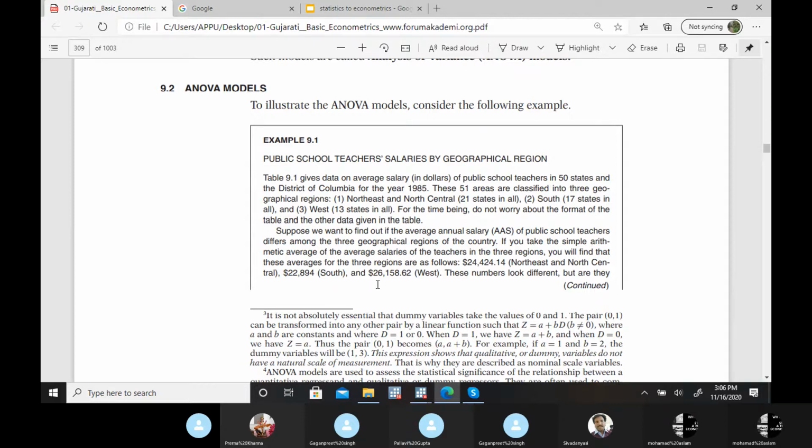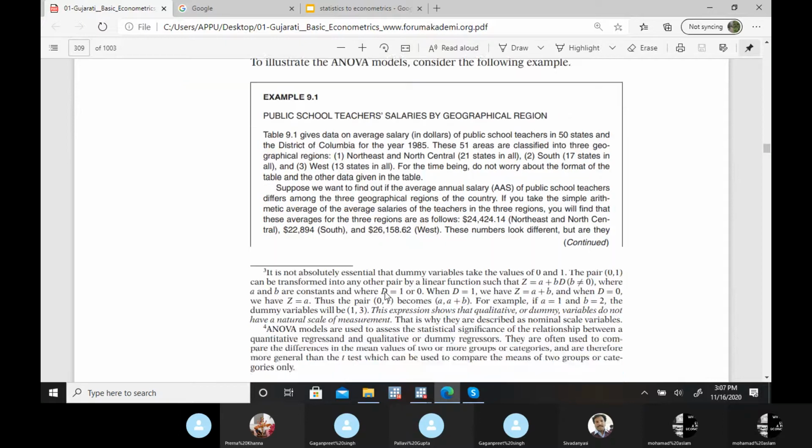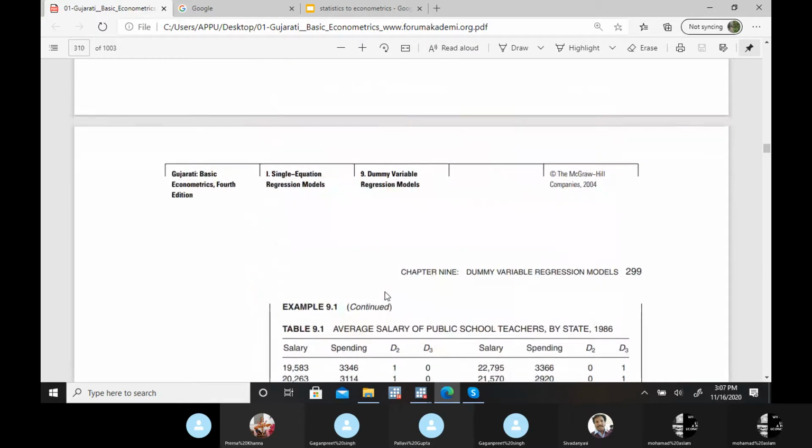Now they are different, right? So the question is whether, related to geographical region, in one particular area these public school teachers are getting a higher salary as compared to another. Let's suppose this is what you want to study.